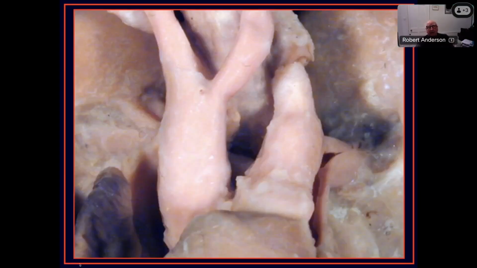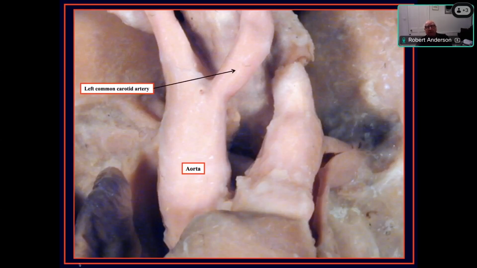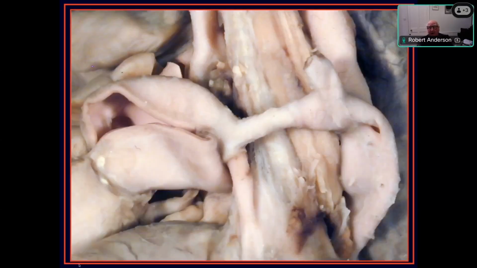So here is what it looks like when we see it in the autopsy room. There is the aorta, and its first branch is the left common carotid artery, and it continues as a right aortic arch. There is breaking of the double arch between the left common carotid artery and the left subclavian artery, and on the left side we have the pulmonary trunk containing a left-sided arterial duct.